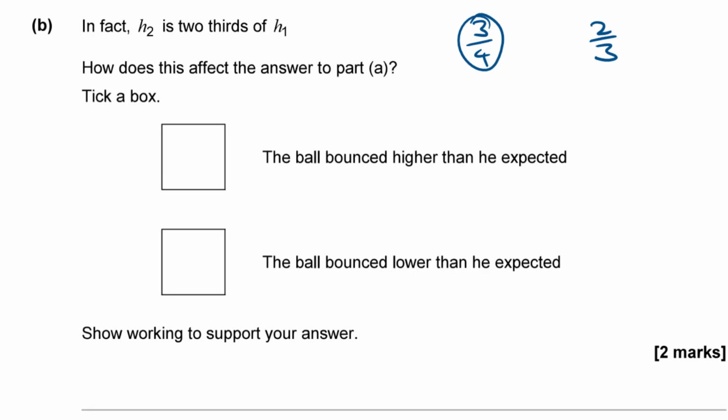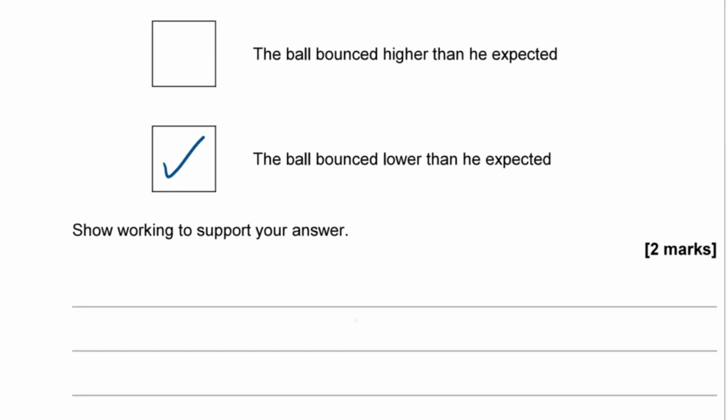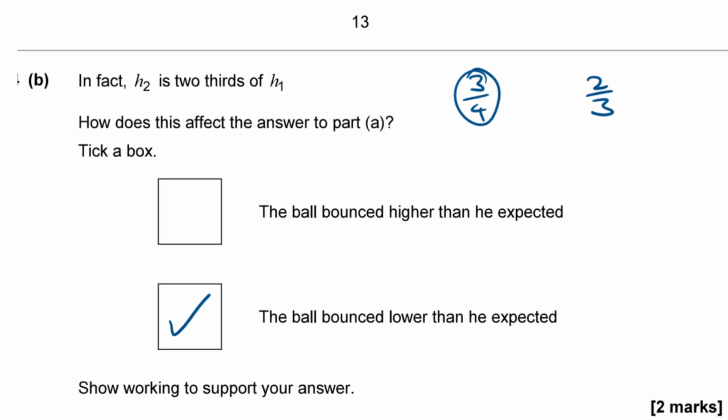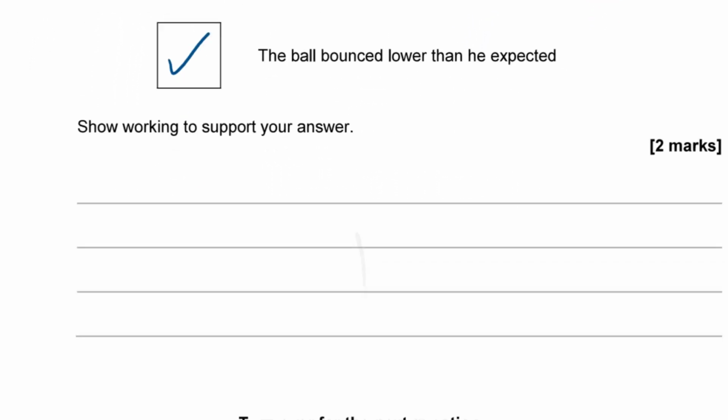So if I'm multiplying through by a smaller fraction, then I think it's going to be lower than we expected. But anyway, I'm going to work it out properly so we can compare our work. So in fact H2 is 2/3 of H1.